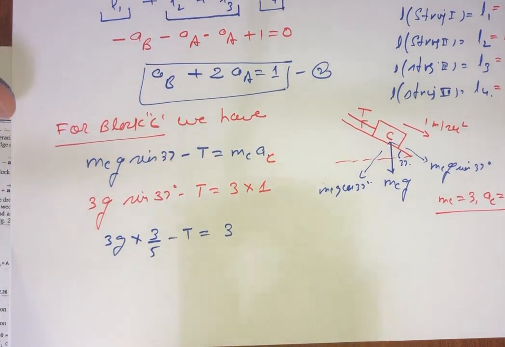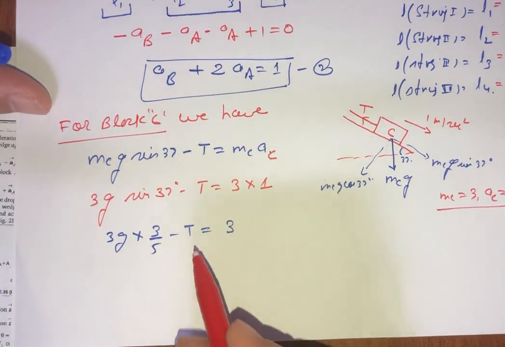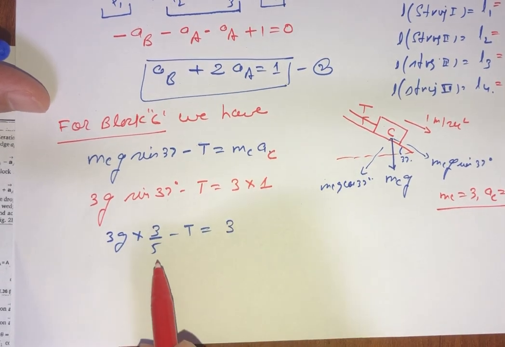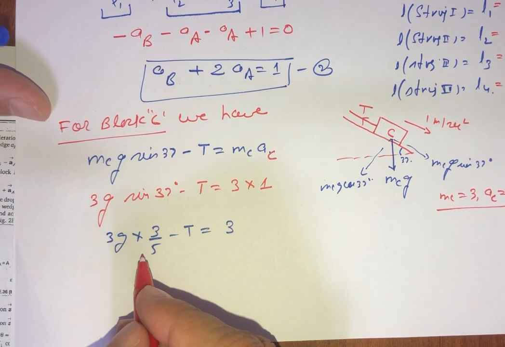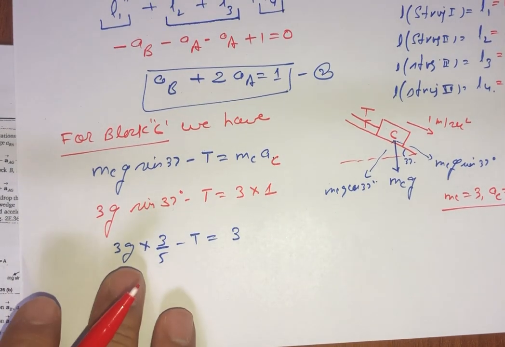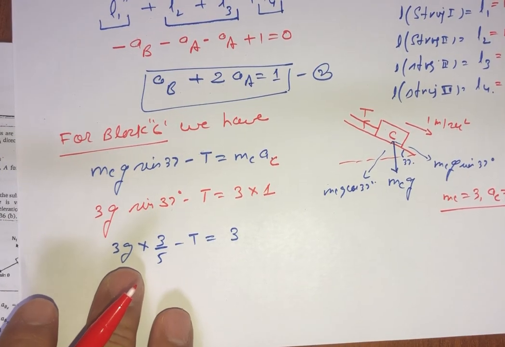From here we can say that we already know the value of g, and it's not mentioned what value of g should be taken.